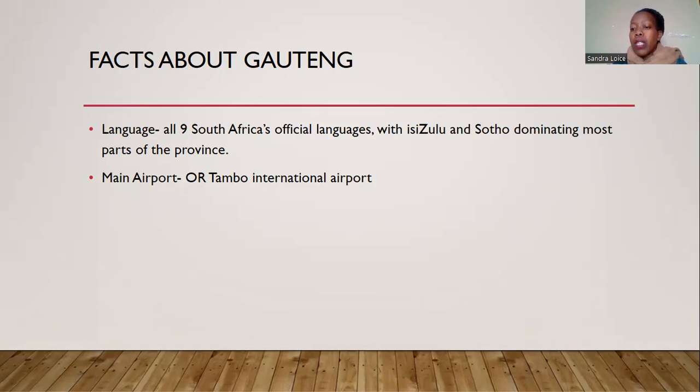And probably some of you have been to the airport, some of you have used the airport, traveling to see friends and relatives. And I'm sure you know about the other airports, the likes of your Lanseria. However, these are not like the main, even in structure, they are very small compared to the OR Tambo International Airport.